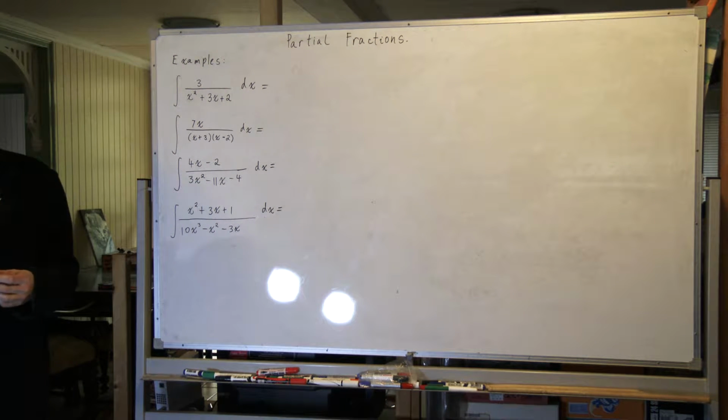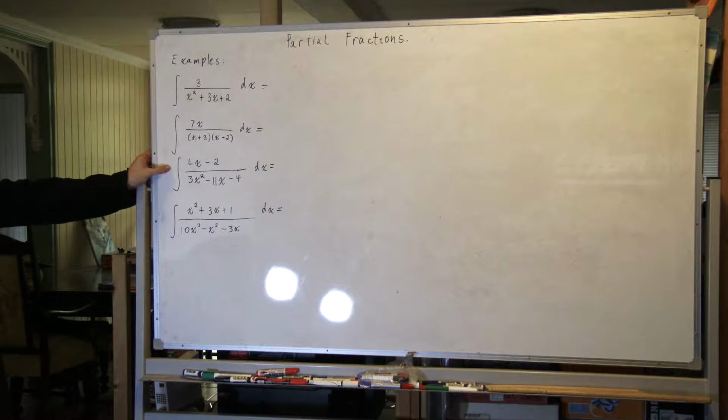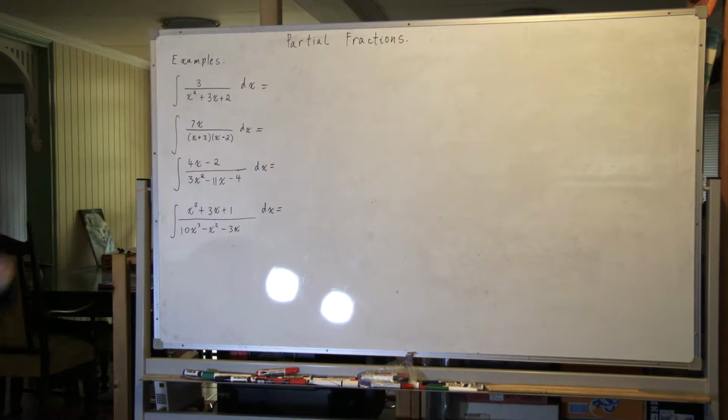The other example we're going to look at is this one here. We have a second degree polynomial on the denominator, first degree polynomial on the numerator, so we're all good there. The denominator hasn't been factorized yet, so we have to do that.